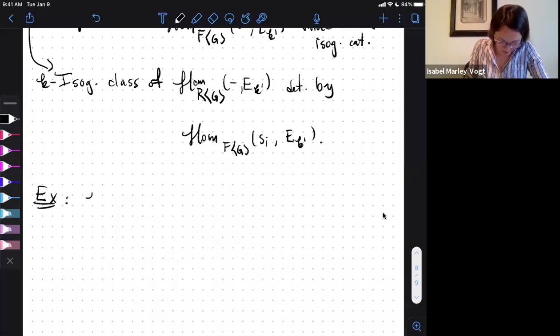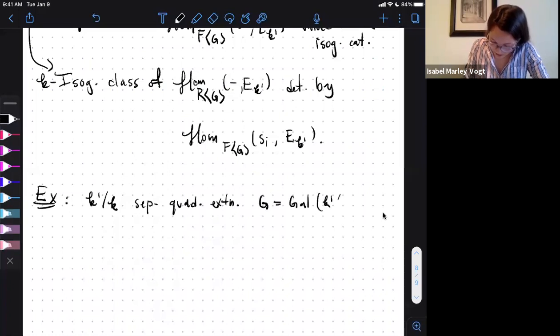So let's do an example where K'/K is a separable quadratic extension. And again, G is always going to denote the Galois group of K' over K, which has non-trivial element sigma.